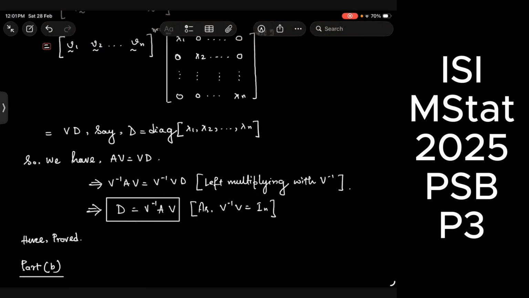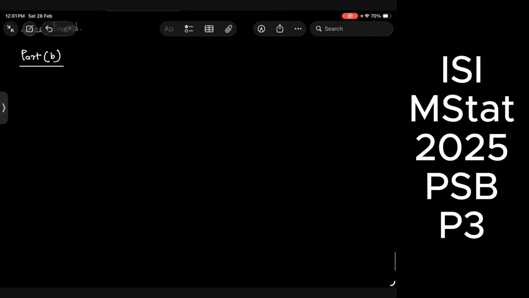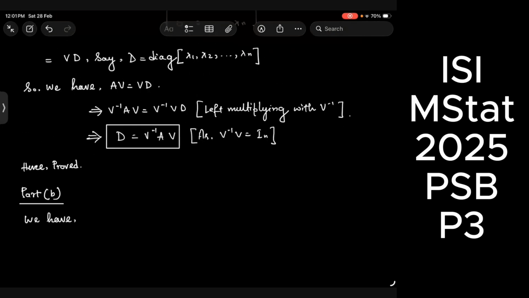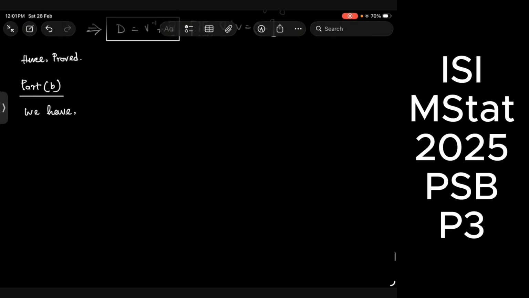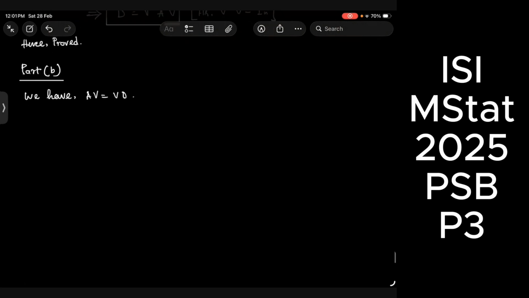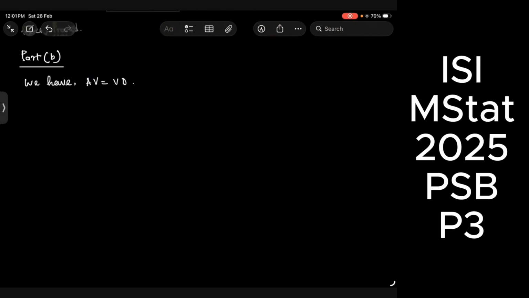So we have AV equal to VD, right? So we are now right multiplying with V inverse.